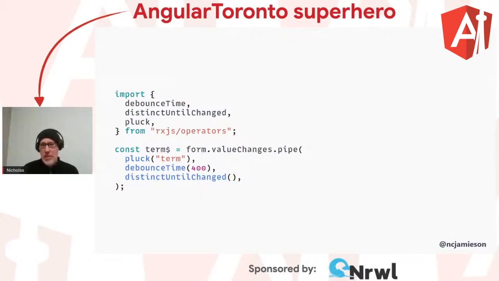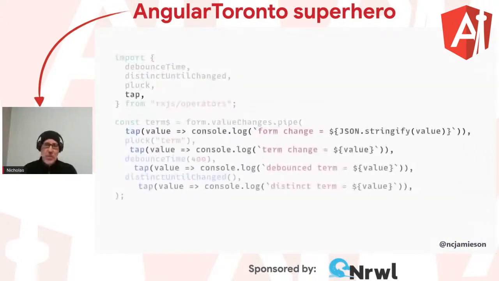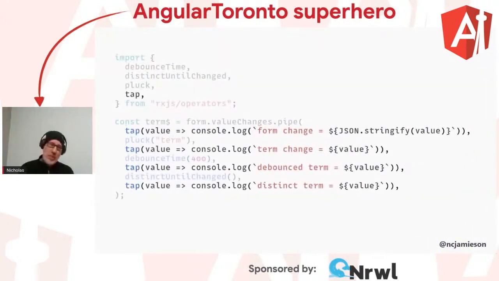We're just declaring the behaviors that we want and applying those to an observable, which are the form changes. And if it doesn't work, the usual advice is, do something like this. You'll put a whole bunch of taps in, you'll log stuff to the console, and then look at what's happening with those logs and deduce what's happening with your program.